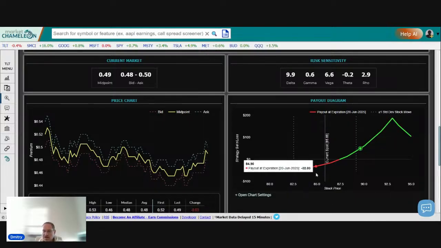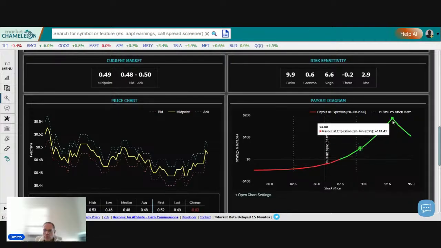The reason is that your short option will expire worthless, so whatever you sold it for, you keep that credit. And your long option, if the stock is right at the money, that's where your time premium is the highest. So it's all time premium at that point. That's your sweet spot.